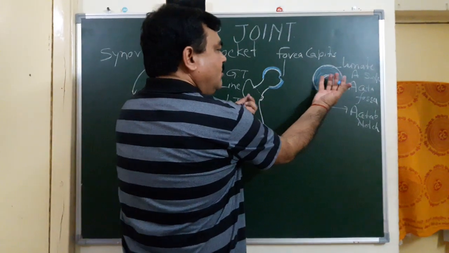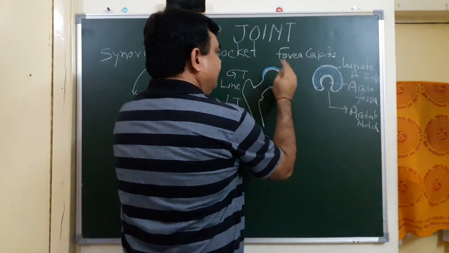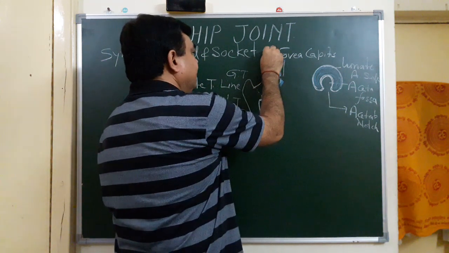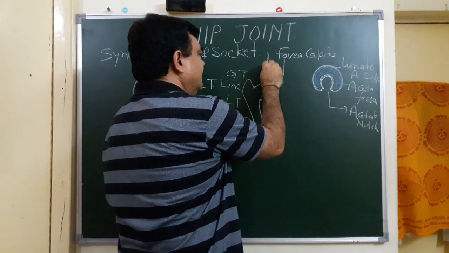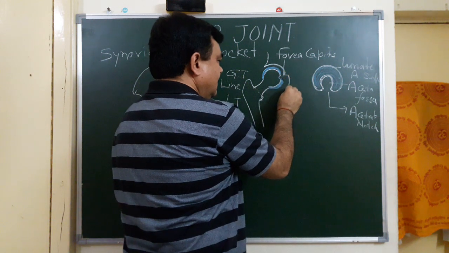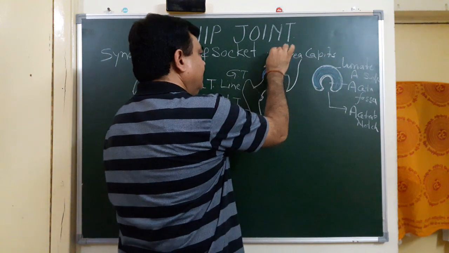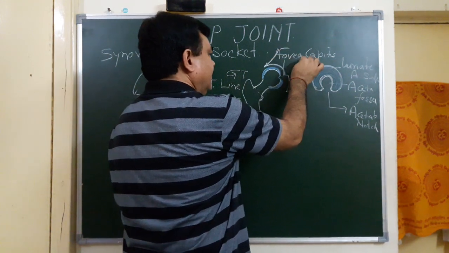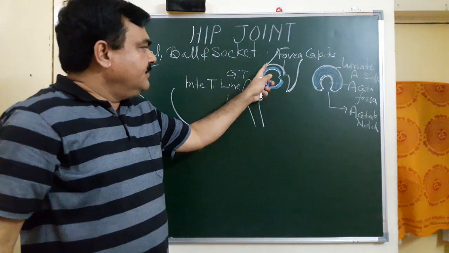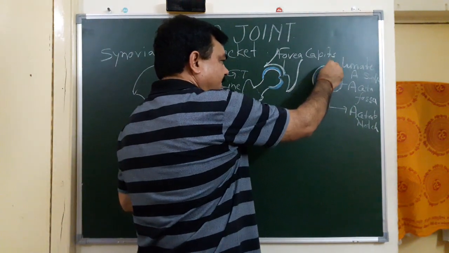If you articulate this with the acetabulum, it will look like this. In this diagram, this is a sectional view, from here to here.